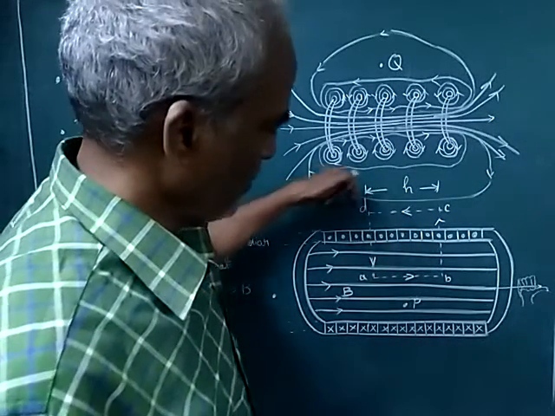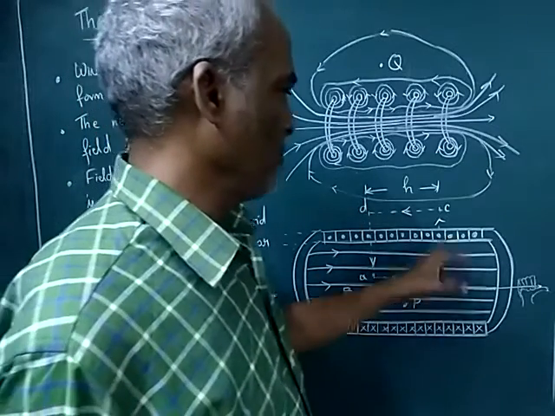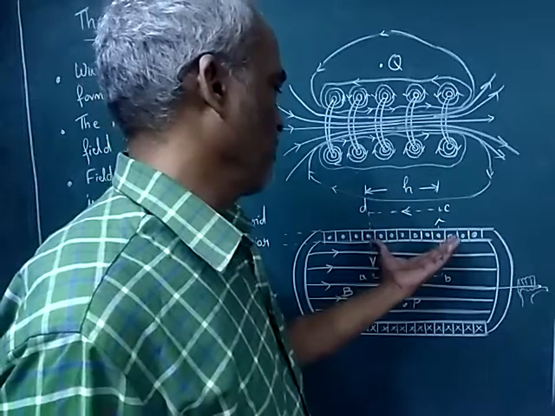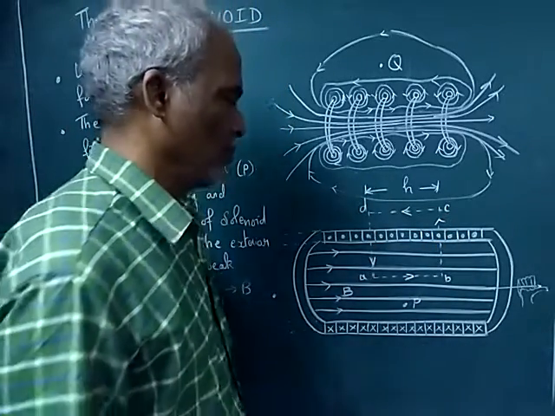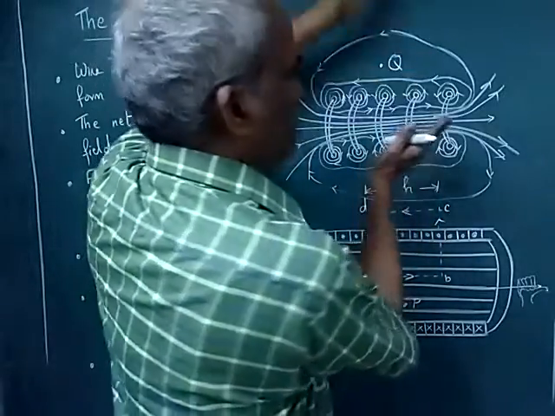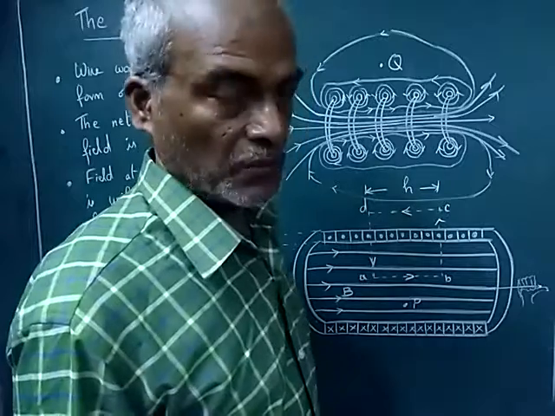So if you see from D to A and from B to C, both the fields are in opposite directions. Therefore, the magnetic field due to AD and BC is zero. And already we have seen outside this it is negligible. Therefore, CD is zero.